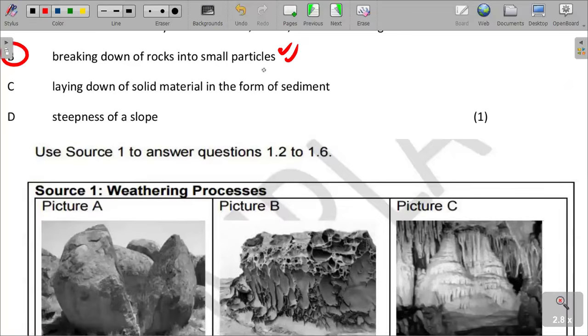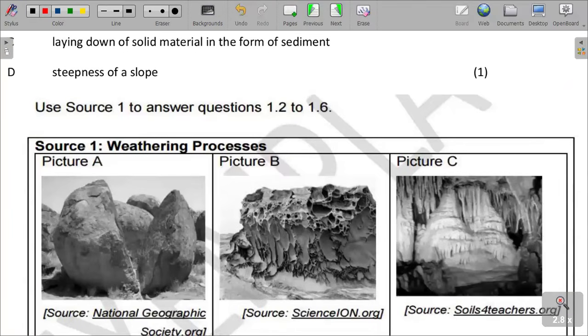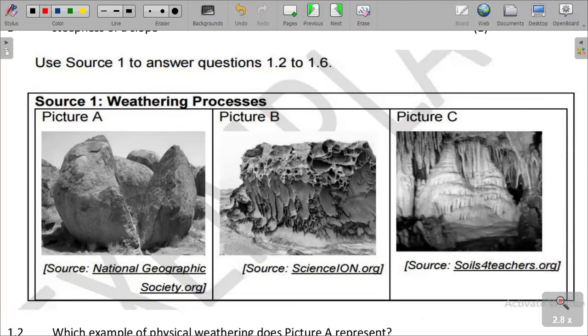And we are told to use Source 1 to answer questions 1.2 to 1.6. We are given some rocks here, picture A, picture B, and picture C, which illustrate different forms in which weathering is taking place.